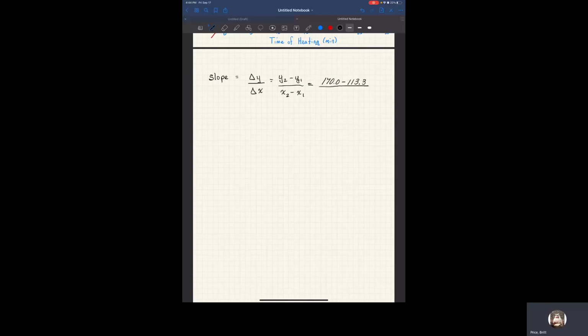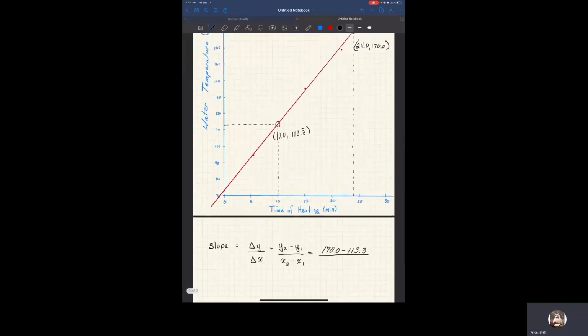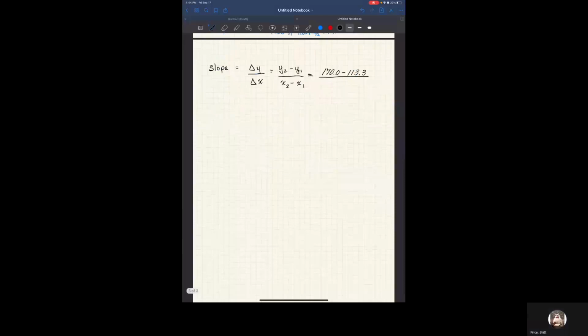And on my x-axis, I had 24 and 10. 24.0 minus 10.0. Now let's do that subtraction. 170 minus 113.3.